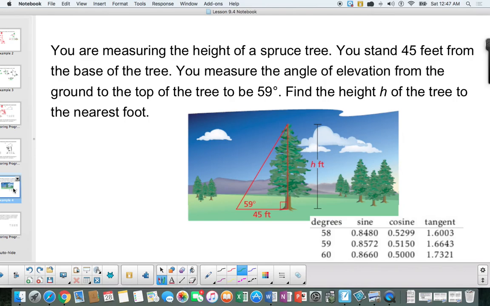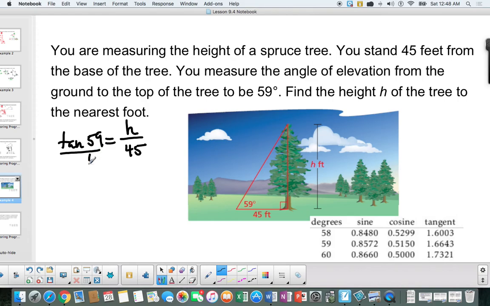Okay, let's take a look at this problem. This is a problem that's helping us find the height, and this is different than our similarity experiment that we did. I can see that this is a tangent ratio, so I'm going to write the tangent of 59 is equal to the opposite, which is h, over the adjacent, which is 45.